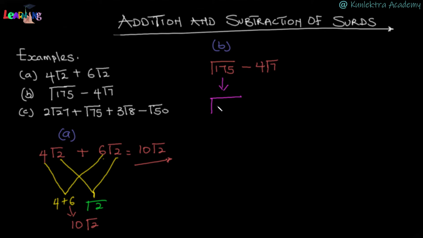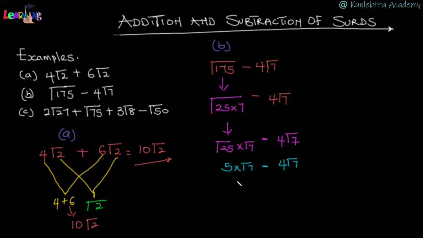That is 25 times 7. Now you have broken that down. Then you bring this down, minus 4 root 7. Then this will be split. This is root 25 times root 7 minus 4 root 7. Then what is the square root of 25? Square root of 25 is 5, times root 7 minus 4 root 7.